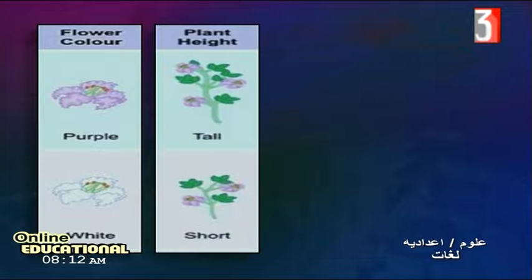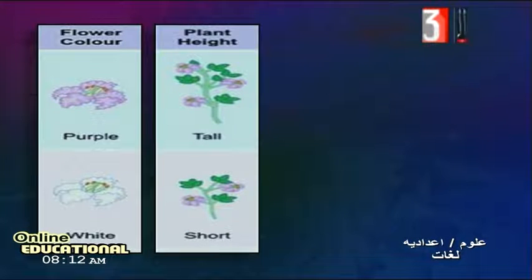For example, flower color. There are 2 types of flower color, purple and white. Plant height, tall and short.